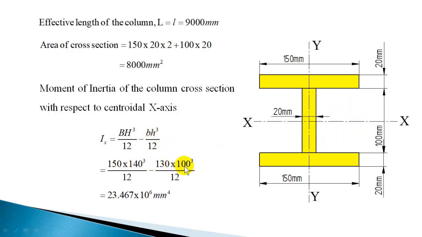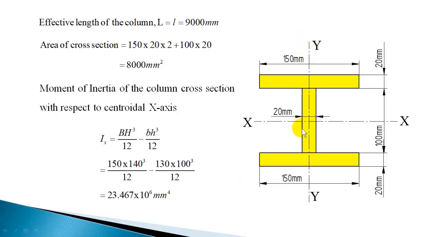So this formula can be used only for a symmetrical I section with respect to the x-axis. So 150 into 140 cube by 12 minus 130 into height 100 cube by 12 will give the moment of inertia with respect to the x-axis as 23.467 into 10 raised to 6 mm to the power of 4.